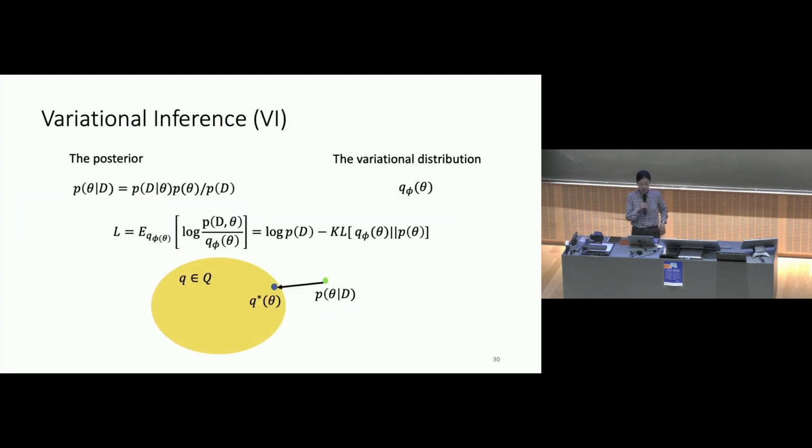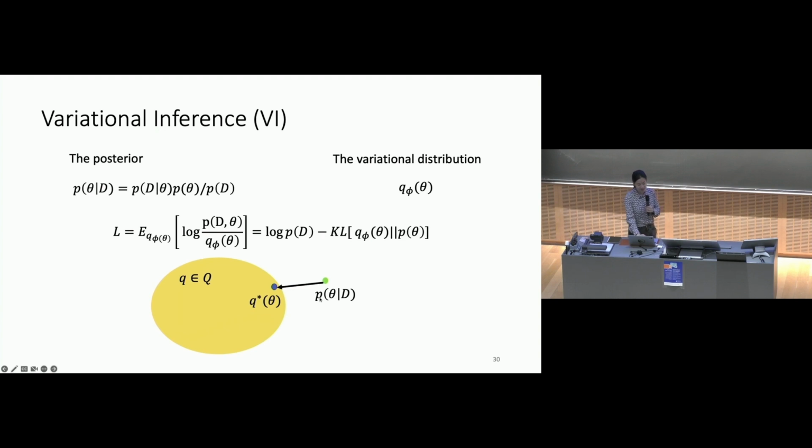So pictorially, the idea is like this. Because the posterior is very complicated, we are going to construct a family of simpler distributions like Gaussians. You can imagine this is the set of all Gaussians, or even all factorized Gaussians.